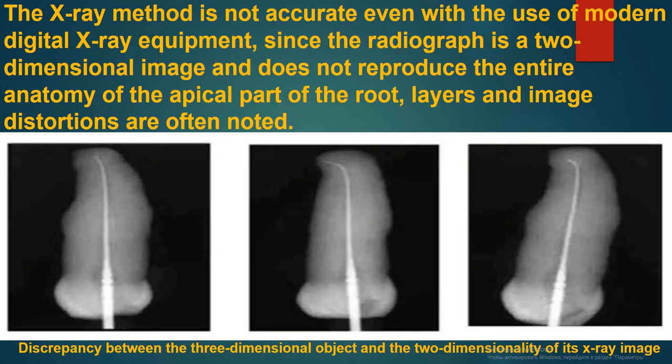Layers and image distortion are often noted. There is a discrepancy between the three-dimensional object and the two-dimensionality of its X-ray image.